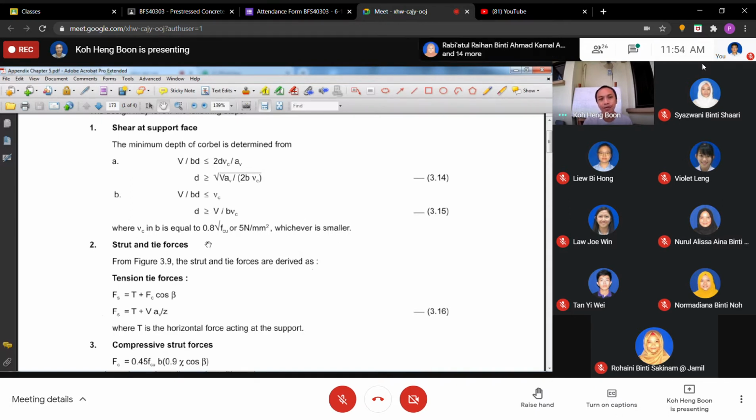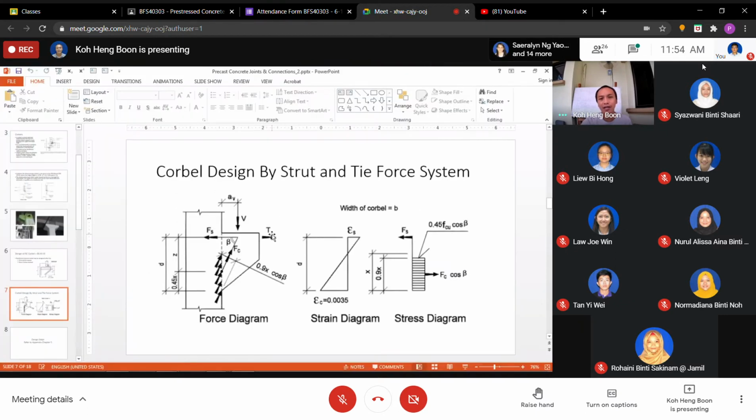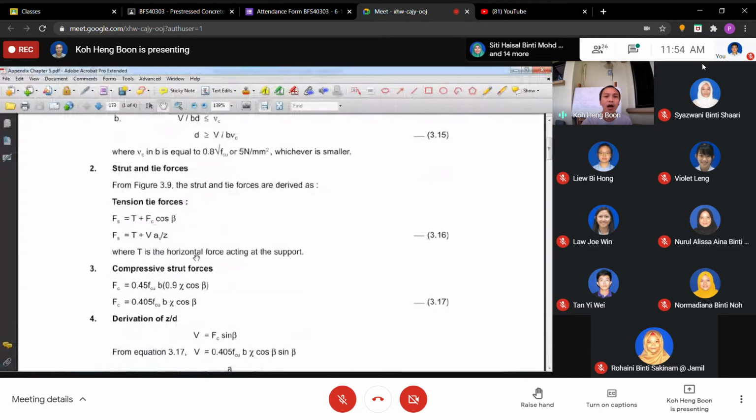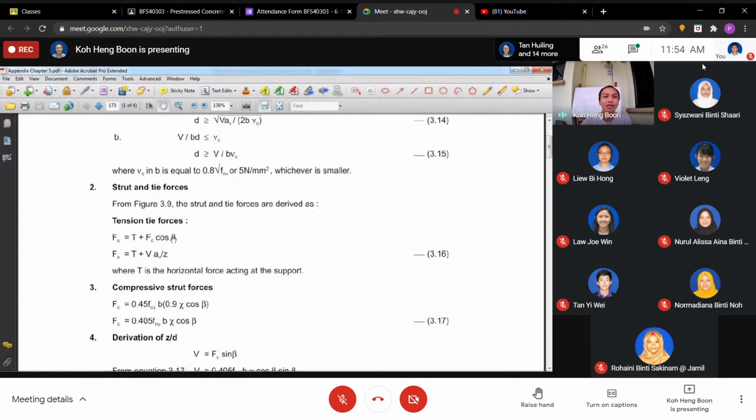Then we have a force here, Fs. Basically, Fs is T plus Fc cos beta and so on.